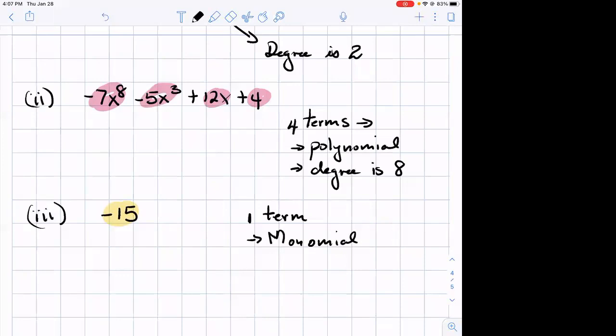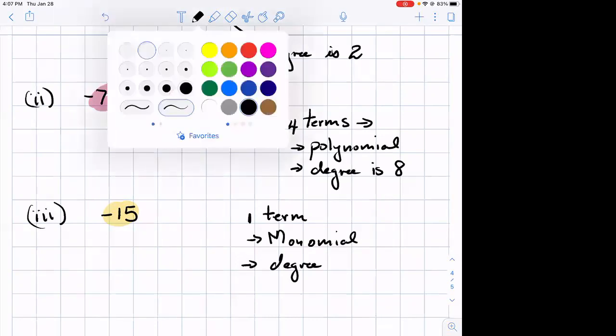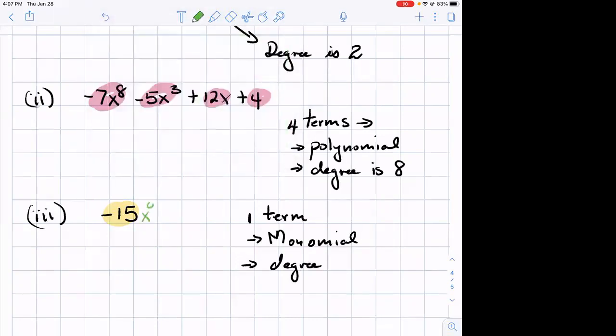And the degree, well, degree is the power of the variable. Now keep in mind that 15 is the same as 15x to the 0 power, because x to the 0 is 1. So the degree is 0. The degree of the polynomial is 0.